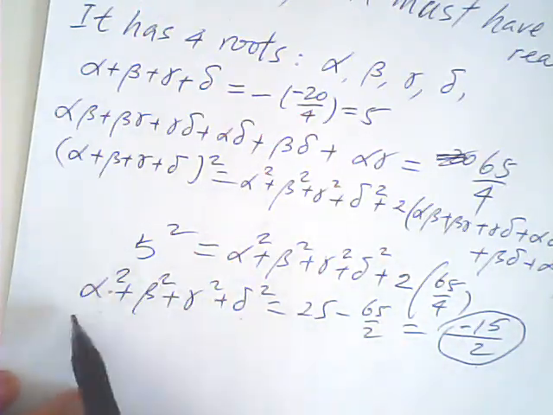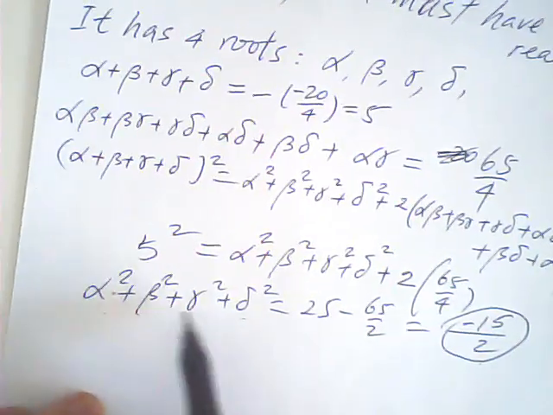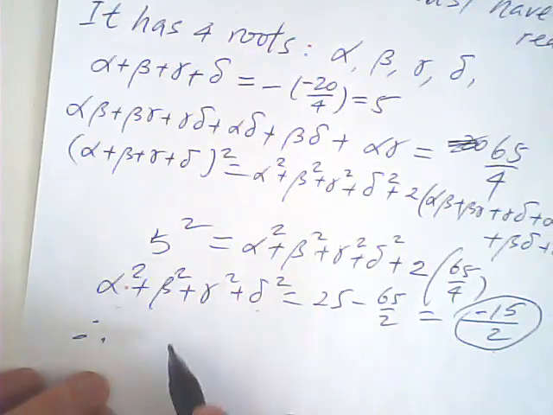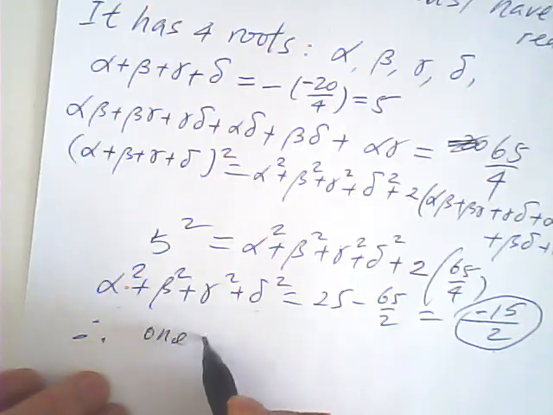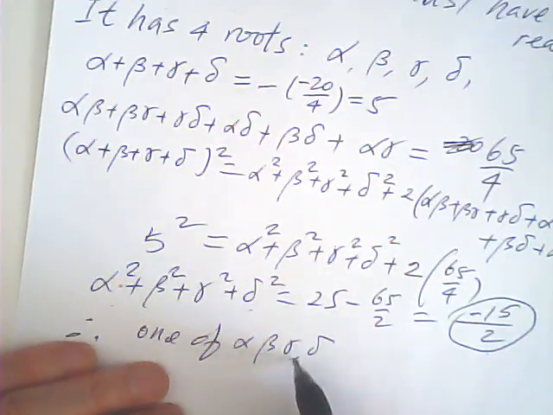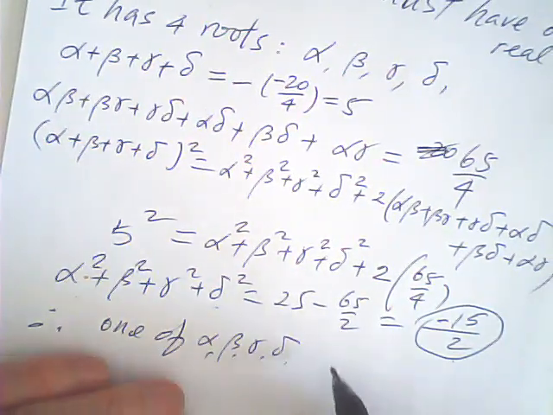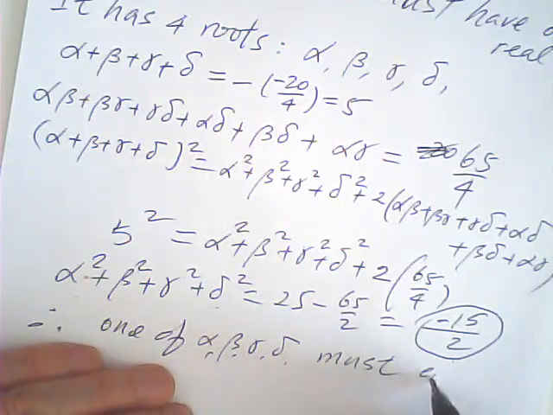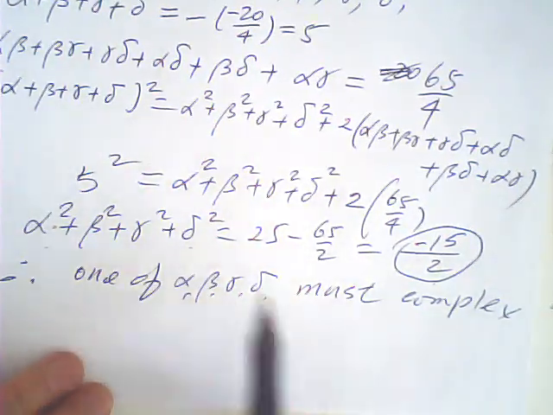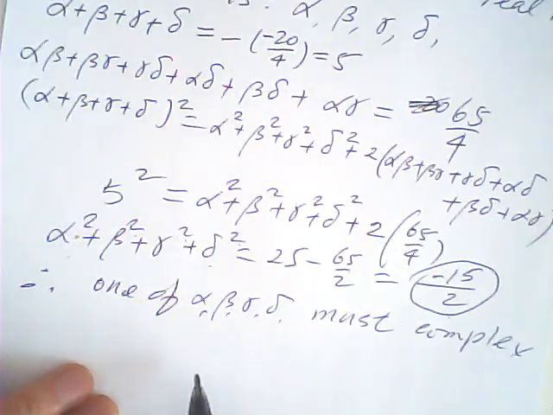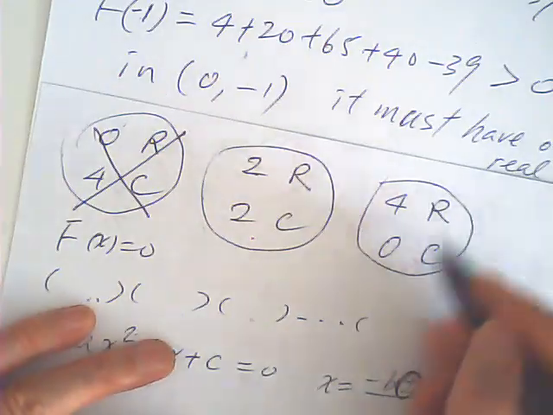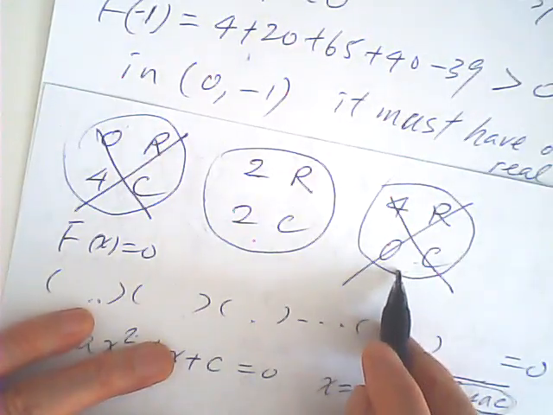So one of alpha, beta, gamma, delta must be a complex number, because the sum of squares is negative. Therefore the case of four real roots is not possible, because we have complex roots.